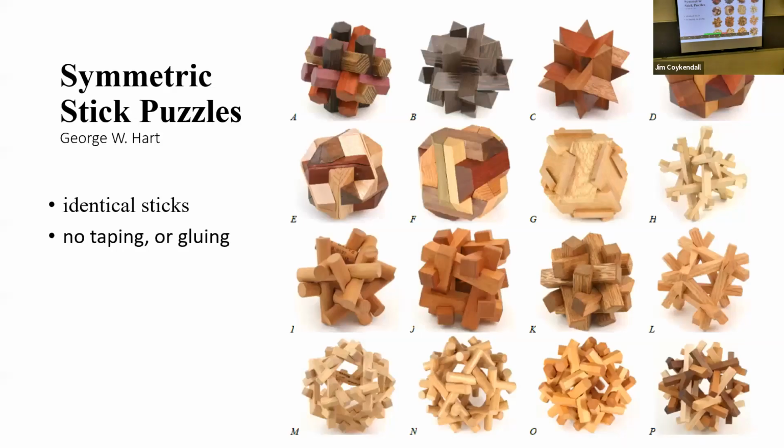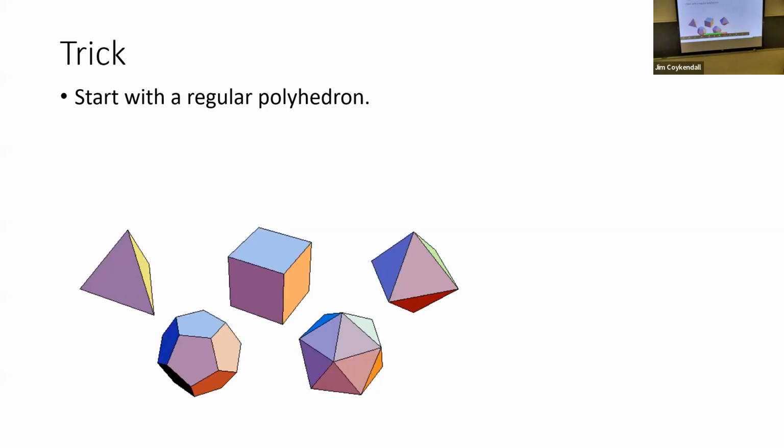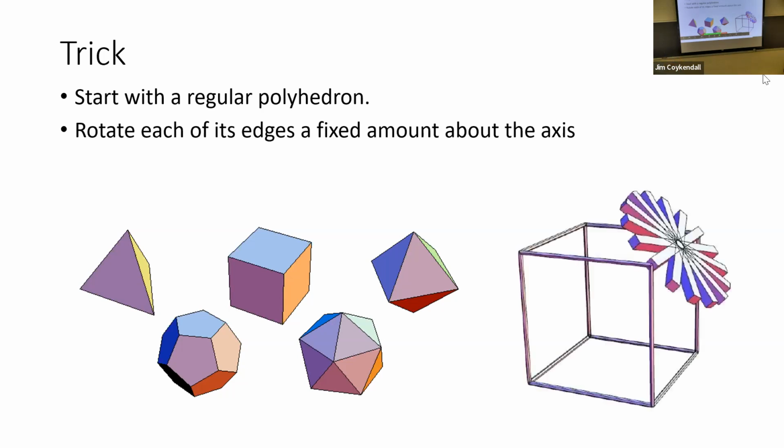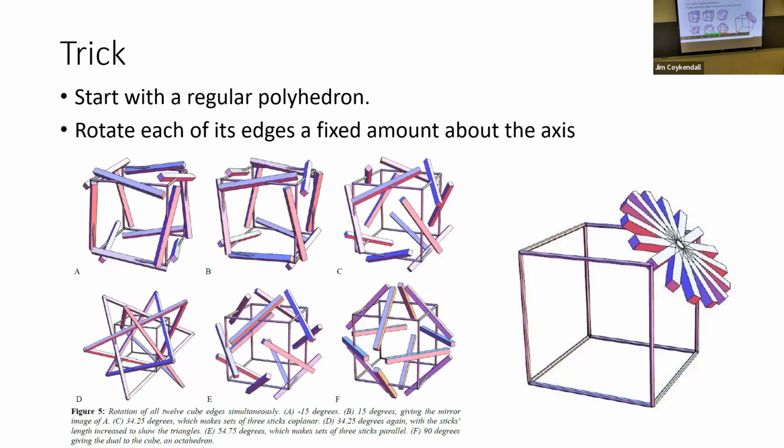magic shapes like this. Normally we will start with a polyhedron, like the one that I'm showing you. It has 6 sticks, so that is starting with a cube, and then you just do some rotation on each side. Each side you do the same. So that means here, start with a cube, and then you rotate each side of the cube by the same angle.